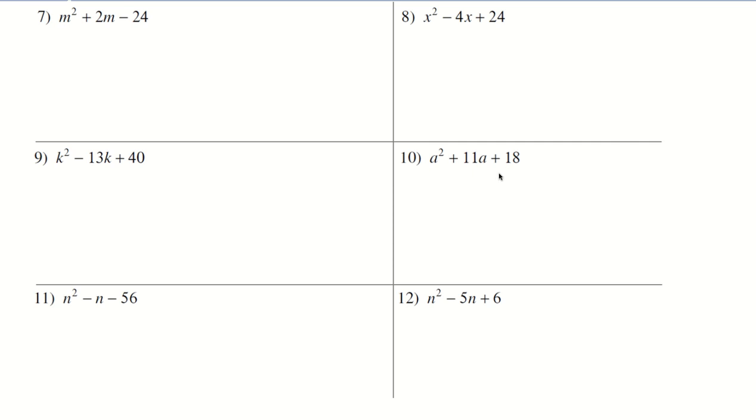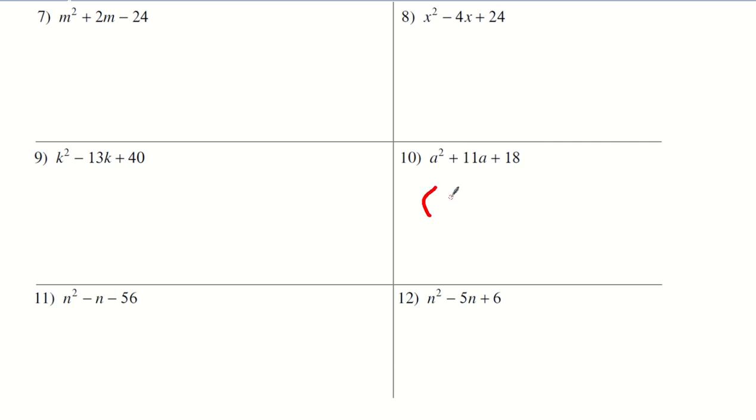So number 10, the reason that this can be factored, which it can be unfoiled, the reason you can figure out what two bubbles multiply together to make this is because, ready? There are two numbers that multiply to get positive 18, but they also add up to positive 11.